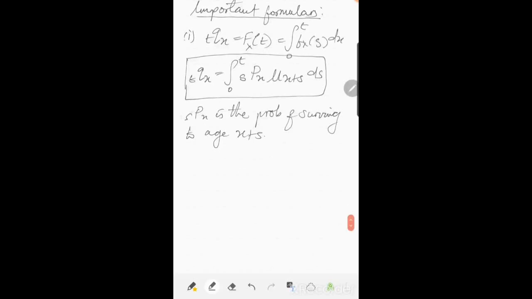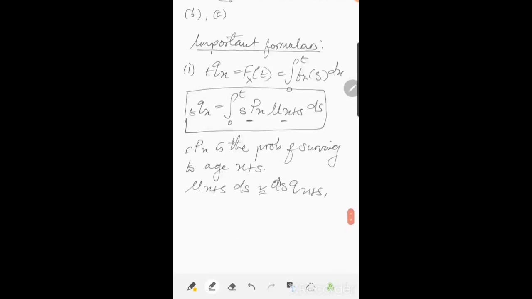Then nu x plus s ds is approximately ds q x plus s, the probability of dying just after age x plus s.